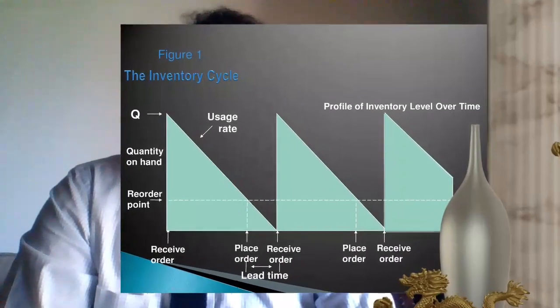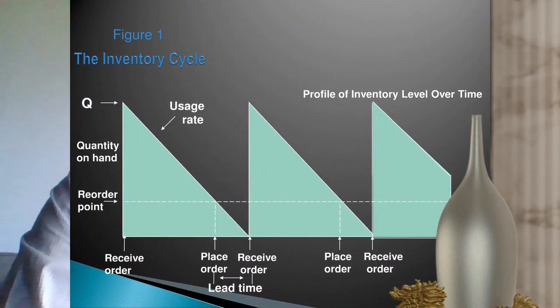So what is happening here? This is the figure which shows you the inventory cycle. Here you can see that when you receive, you have zero inventory. When you order Q quantity, instantaneously you get Q. So your stock builds from zero to Q. Then you use the inventory.